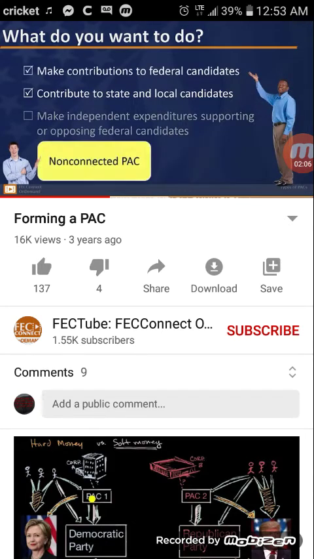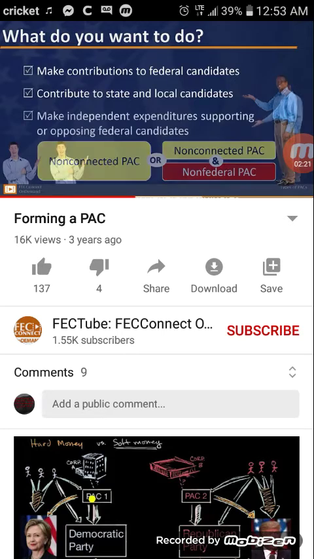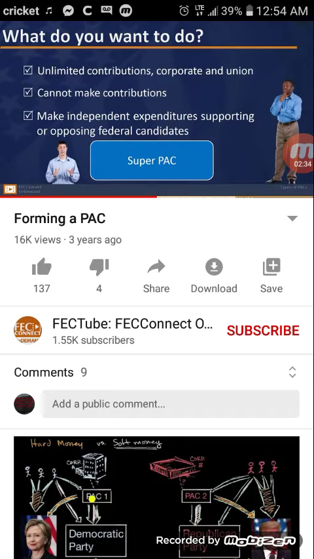If you'd like to contribute to both state and federal candidates, there are a couple of possibilities. In some states, you may be able to do all of that from your FEC-registered non-connected PAC. In others, you'll need to establish separate federal and non-federal committees. If all your group wants to do is make independent expenditures, you may want to establish an Independent Expenditure Only Committee, or Super PAC. Unlike other FEC-registered committees, Super PACs can accept unlimited contributions, including corporate and union contributions.